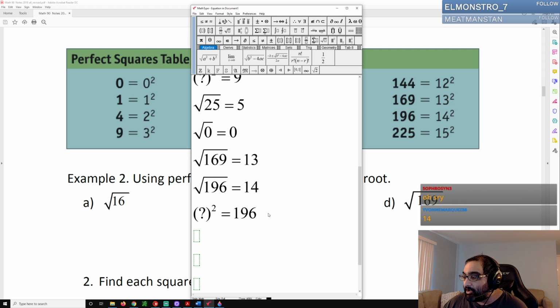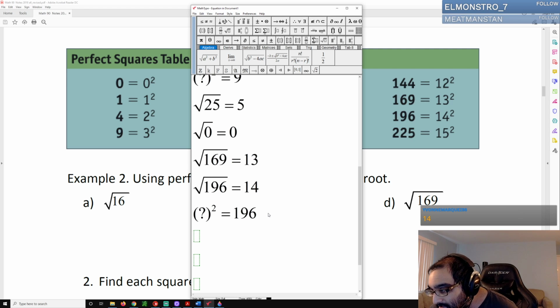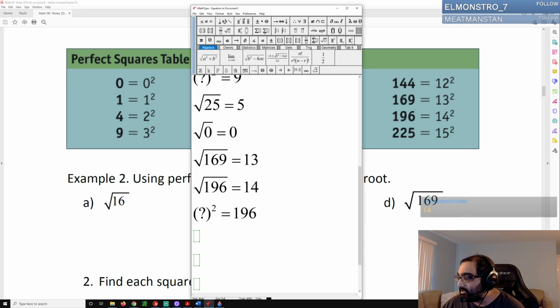Like I said, you'll be using this table more and more, and you'll be working with higher powers as well for other types of roots. That's the more advanced stuff, but we're not going to be dealing with that here. We're just dealing with basic stuff for now. Are there any questions about that?